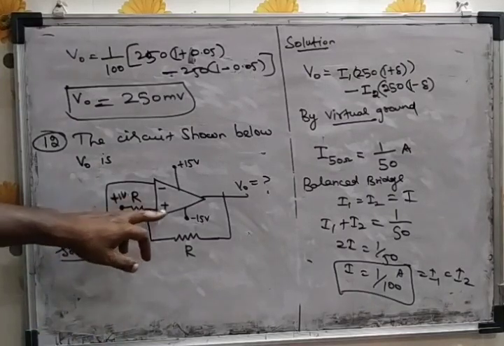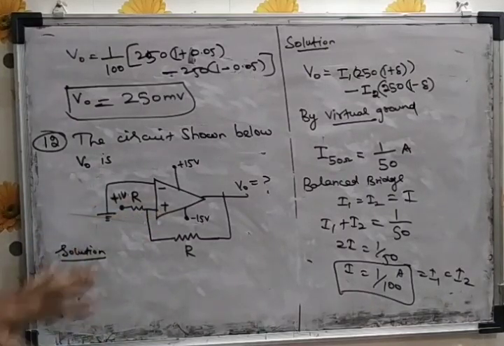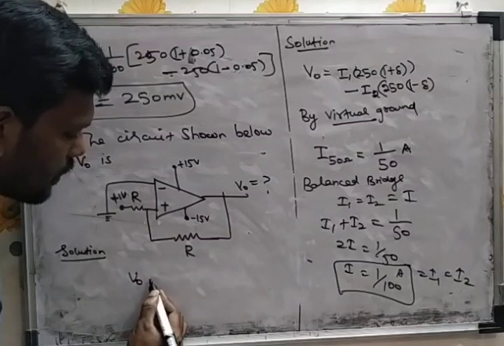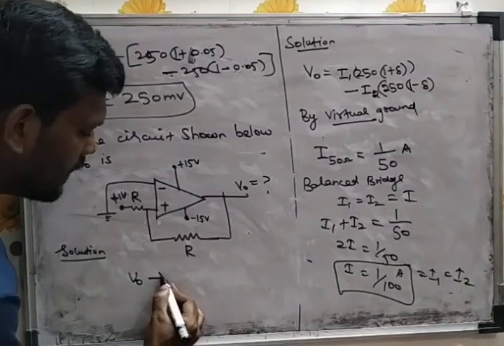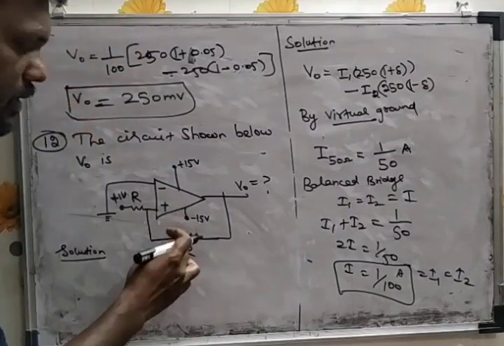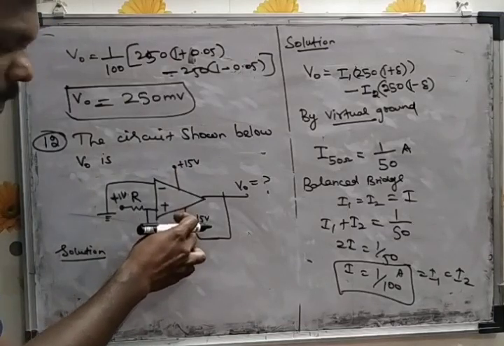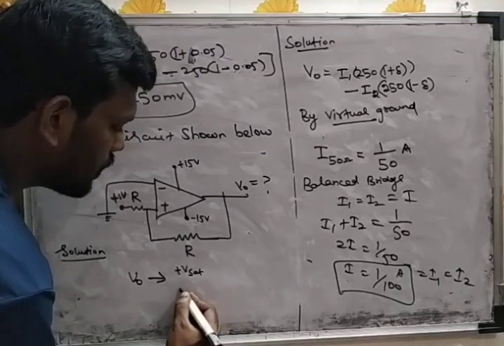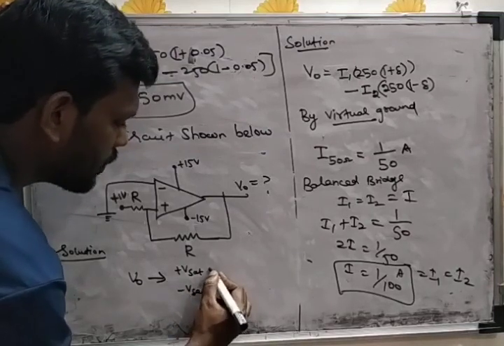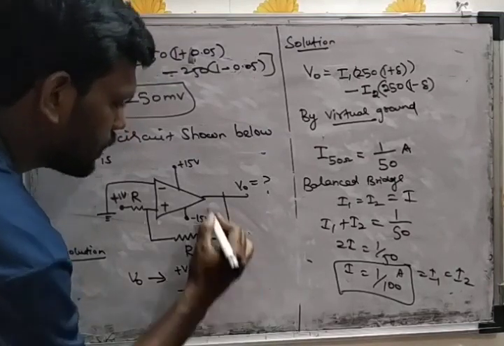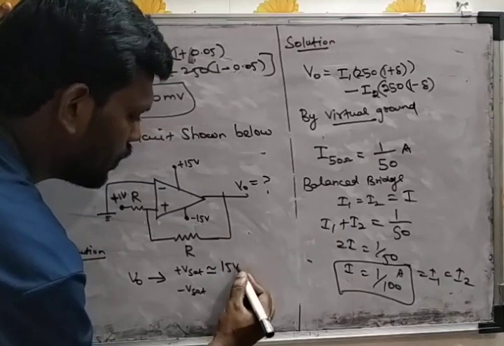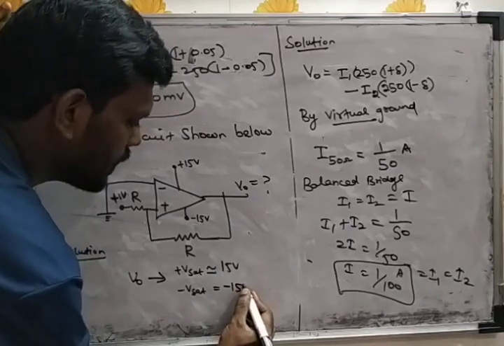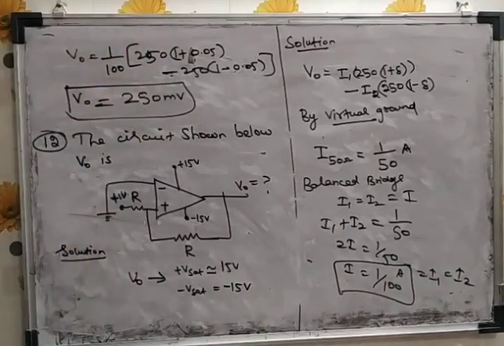So here we have positive feedback. V0 will be either at saturation voltage, almost the supply voltage, either plus V saturation or minus V saturation, which is approximately plus 15 volt or minus 15 volt.